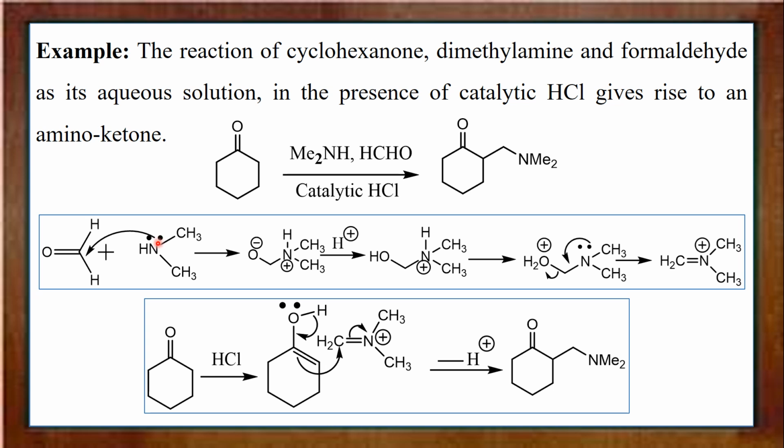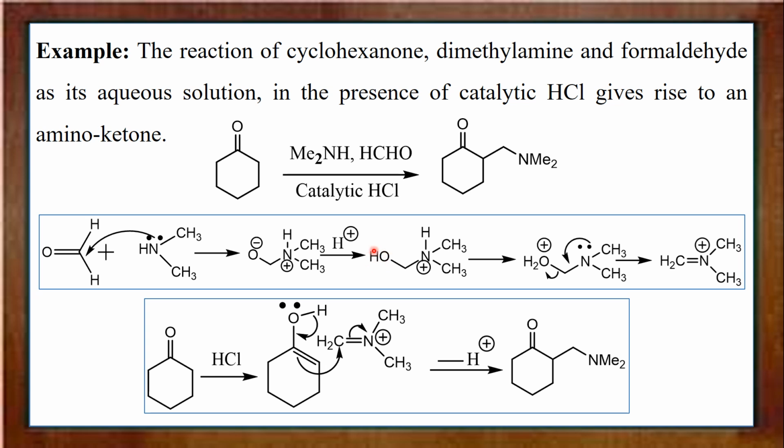Nitrogen has a lone pair, therefore it behaves as a nucleophile. So with its lone pair it attacks the electrophilic carbonyl carbon, and this pi bond is shifted to oxygen to give O minus. So either by proton transfer from here or by taking up a proton from the acid, the O minus gets protonated.